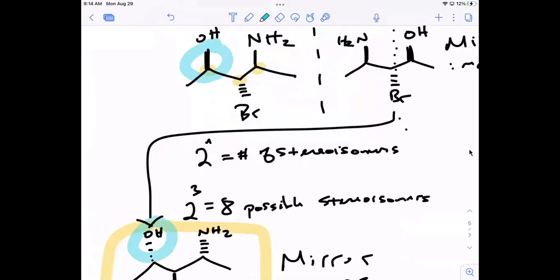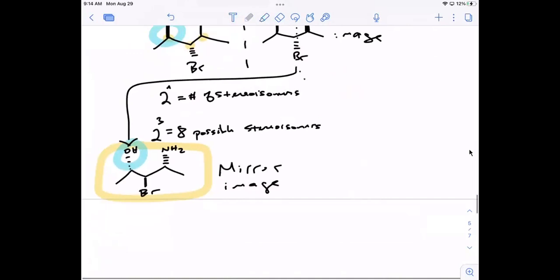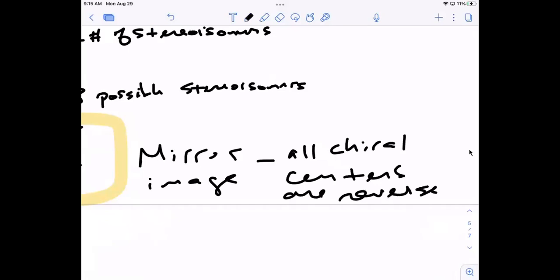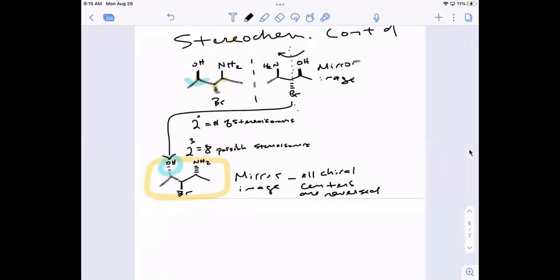That's the question I'm really asking. No, they're not. Everything in the mirror image is reversed. So all of your chiral centers get reversed. Everything.